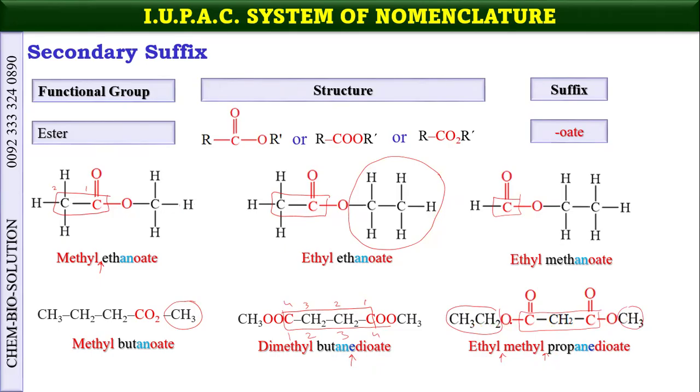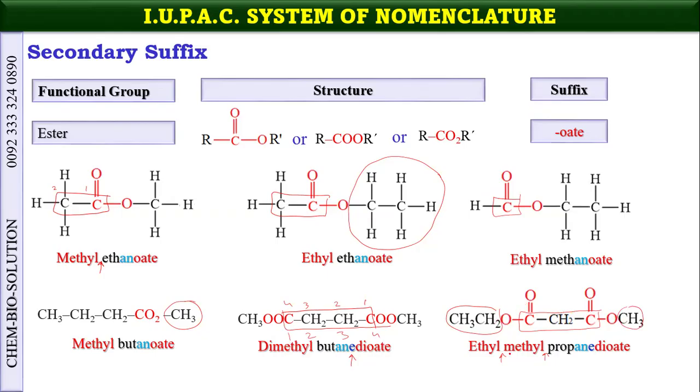Now the student asked the question, sir, what if we write on other side? No problem, because molecules have no right or left. You can turn it, if you turn the molecule 180 degrees, then the molecule would be the same. Just changing the rotation, the molecule cannot be changed.